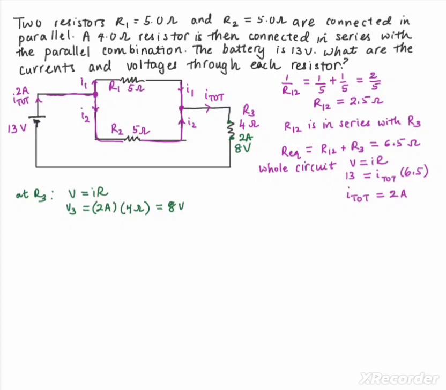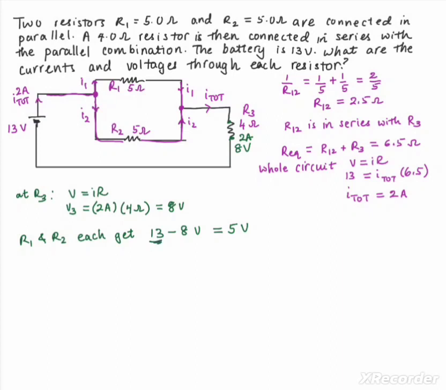Now if you remember, when you have things in parallel, the voltage is the same. If resistors are in series, then you have to add the voltages. Now we know that R3 is in series with R1 and R2. But the total we have is 13. So if you have a total of 13 and then R3 gets 8, how much do R1 and R2 get? They get a total of 13 minus 8 volts. So that is 5 volts.